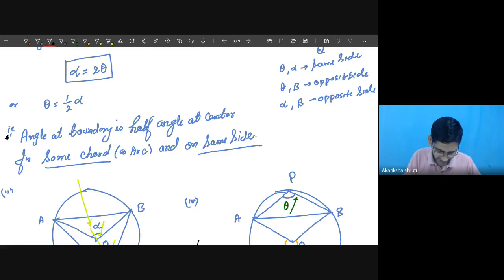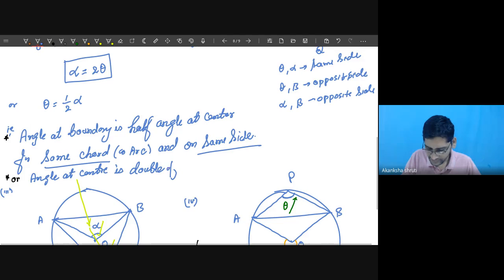Angle at the boundary is half of the angle at the center, or you may write this as angle at center is double of angle at boundary. Both mean the same thing.